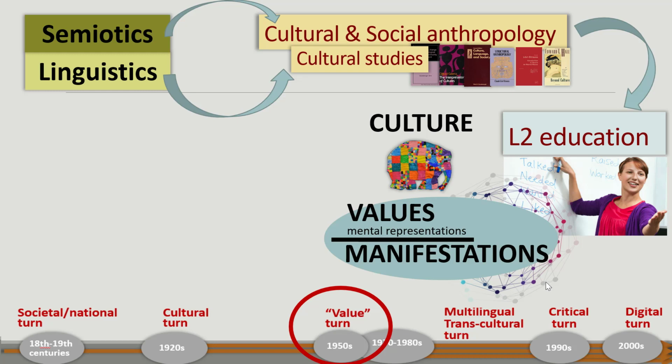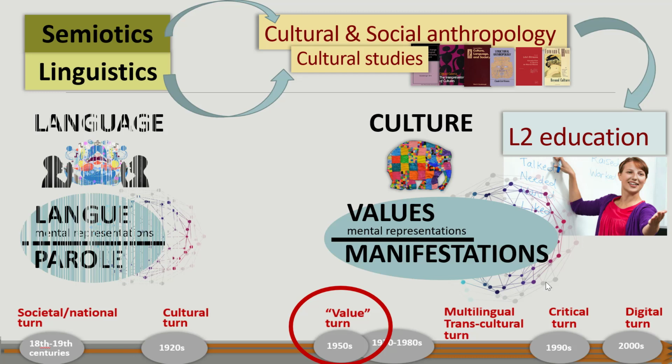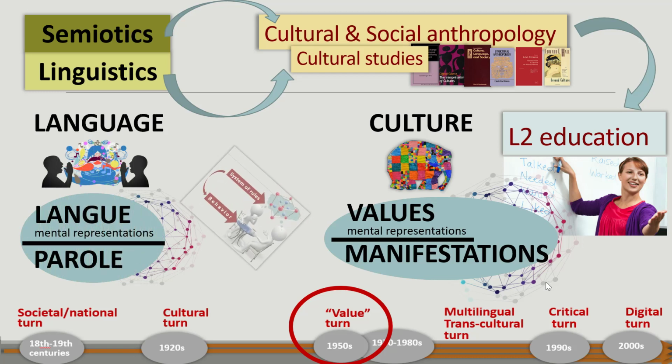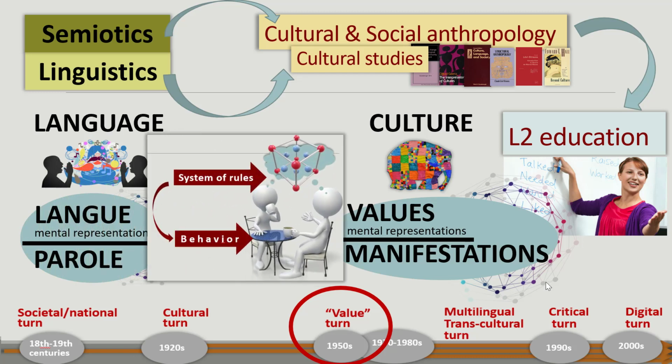1950s and 1960s, under the strong influence of contemporary linguistics and semiotics. According to this approach, culture is organized and works like a language, as a network of sign systems or symbolic systems. Behind visible cultural manifestations, there are invisible representations that define the meaning of the manifestations.